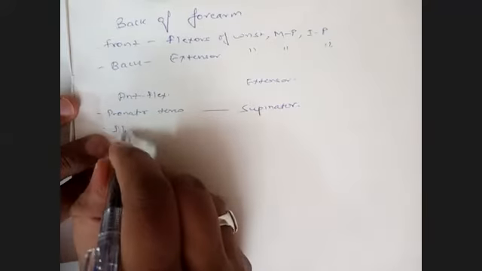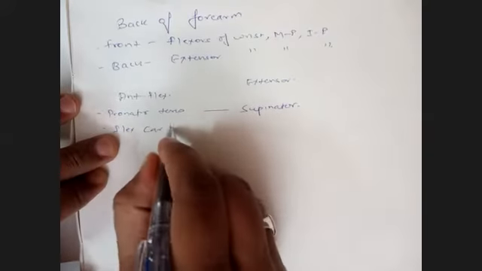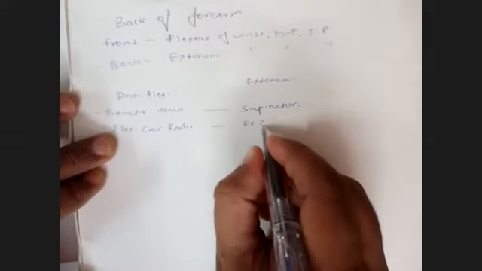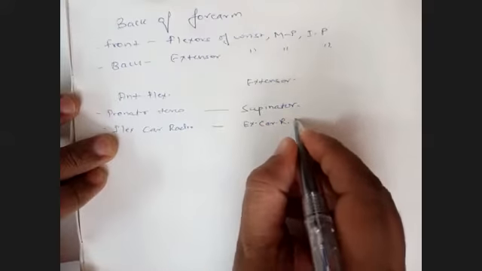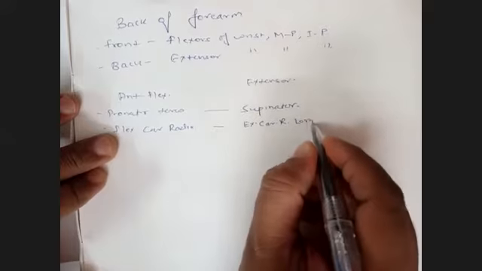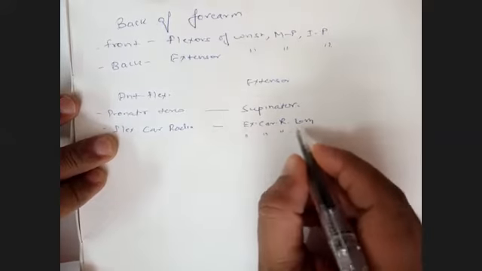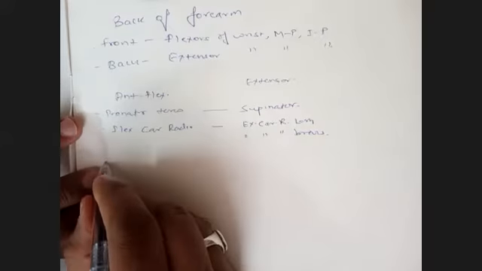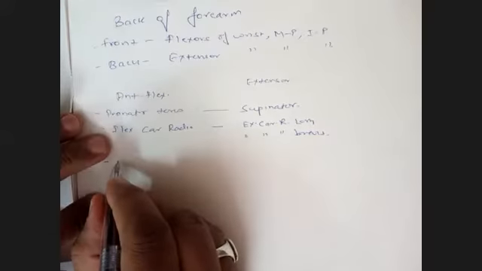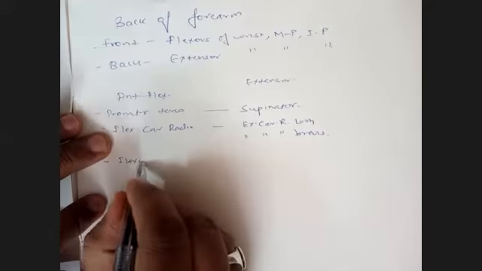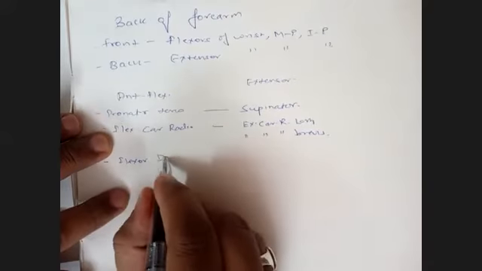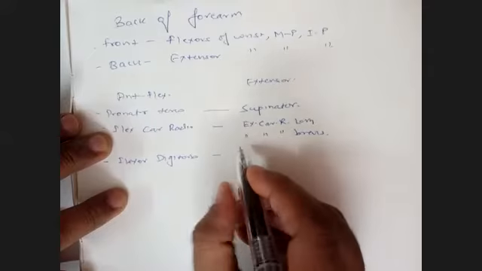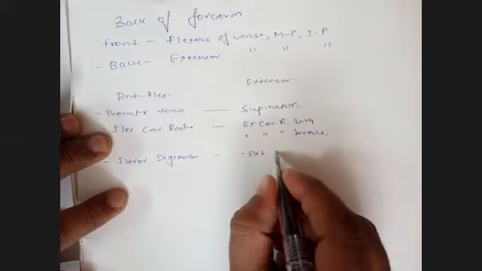Then there was flexor carpi radialis. In the extensor compartment, there will be extensor carpi radialis longus and extensor carpi radialis brevis. Then there was flexor digitorum. And here there is extensor digitorum.